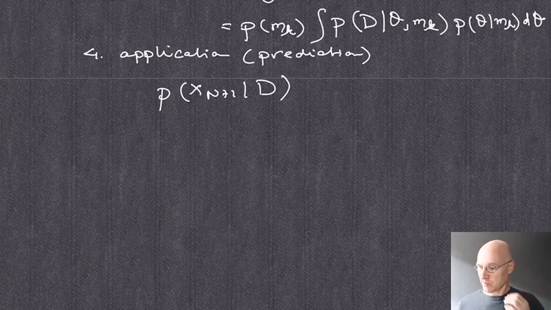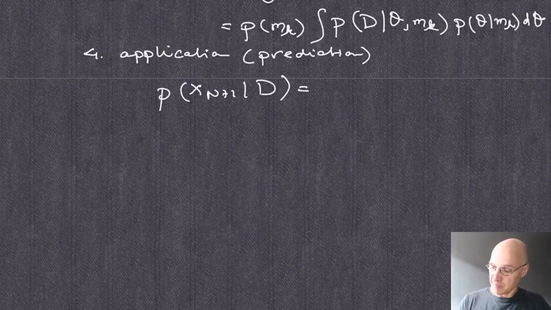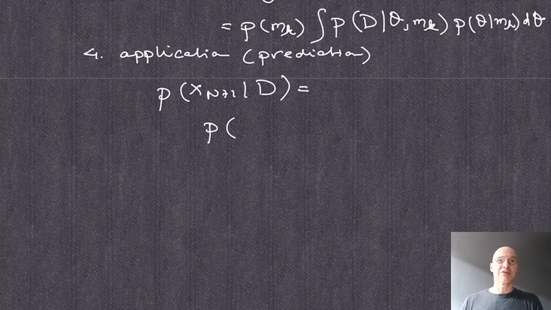And so when we have the joint, this is simply P of x n plus 1 given D. Of course this should be D comma M, but I've chosen my model, so I'm going to leave that out of the equation now.